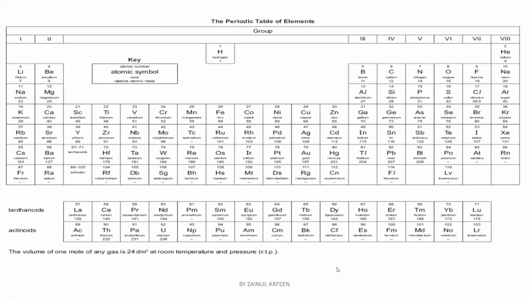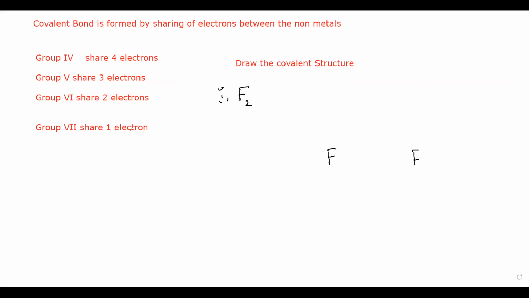So when you check the periodic table, fluorine belongs to group 7. As it belongs to group 7, it means it should share only 1 electron.